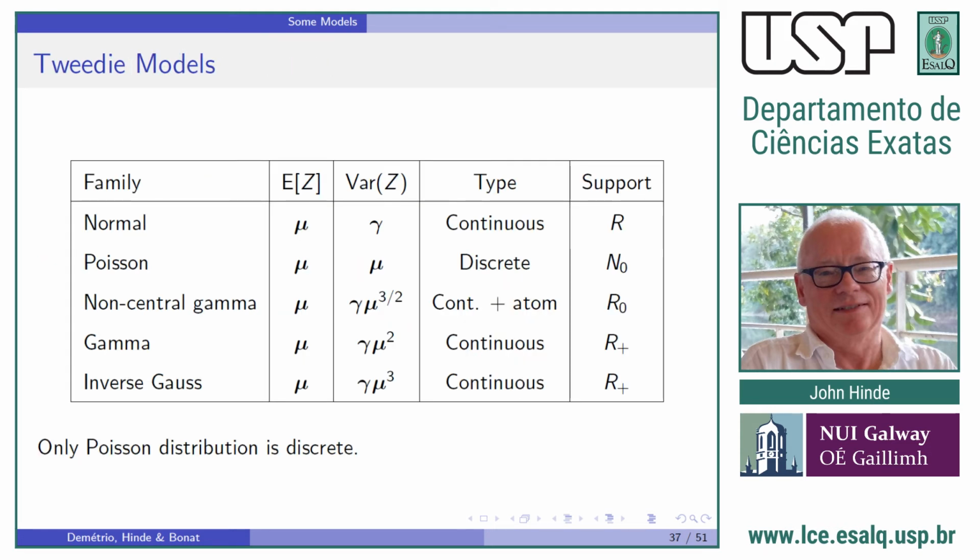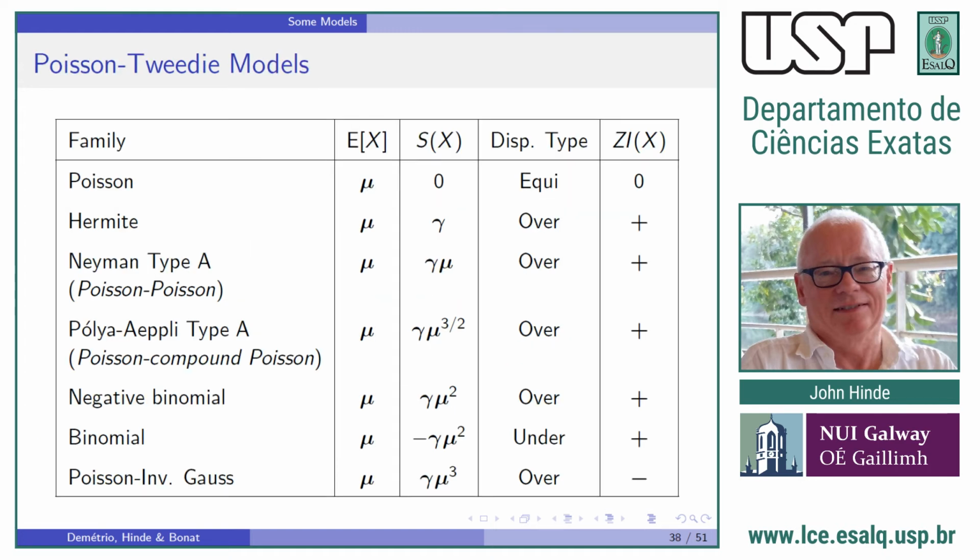And in the Tweedie family, there's a whole bunch of models with different variances, and I've mentioned these. It's only the Poisson distribution that's discrete, but that's not a big issue. When you put these together, you can get all sorts of different distributions, where your S has different forms.